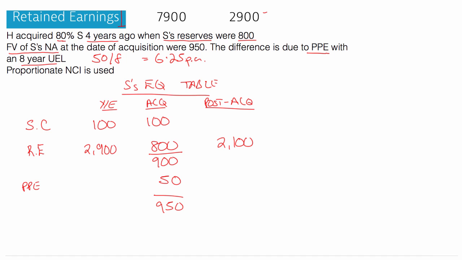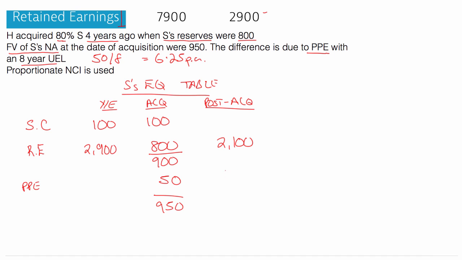So my depreciation so far would be the 6.25 times by 4. Okay, so 6.25 times by 4 equals 25.